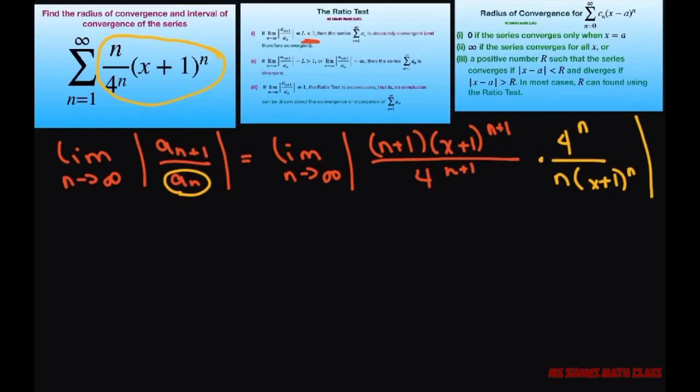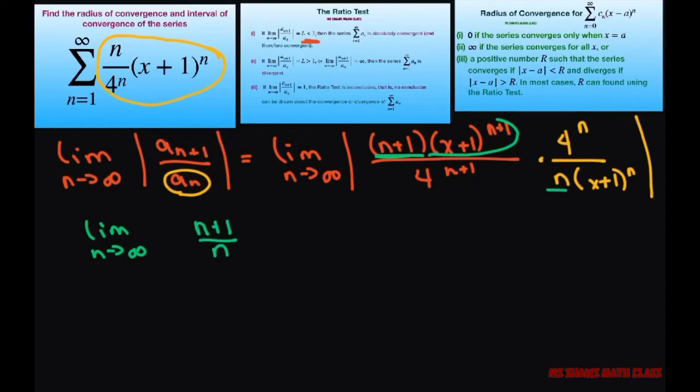First of all, let's just write this as the limit as n approaches infinity. And this is going to be n plus 1 divided by n.